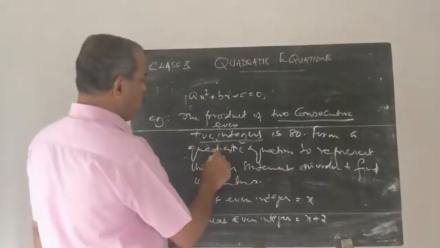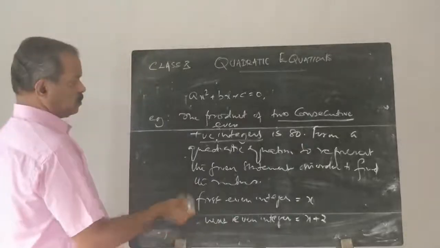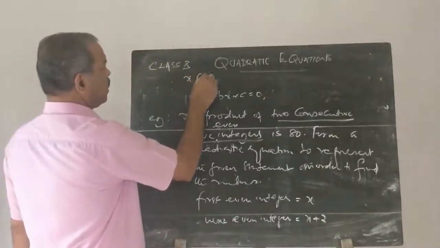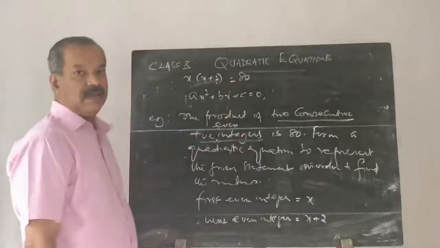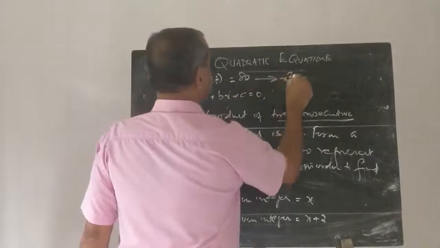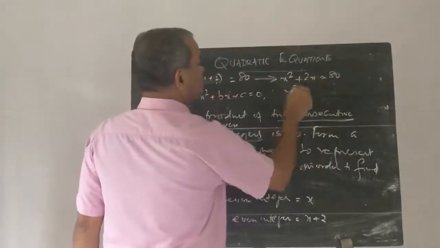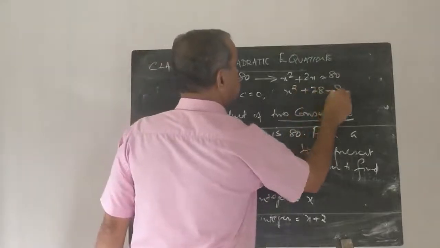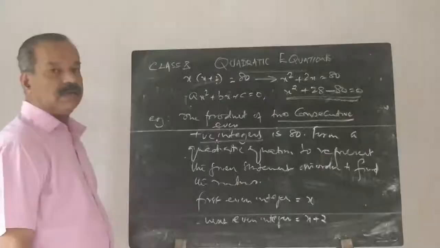Then the product of these two, x and x plus 2, is given as 80. Simplify this. x square plus 2x equal to 80. x square plus 2x minus 80 equal to 0 is the required equation.